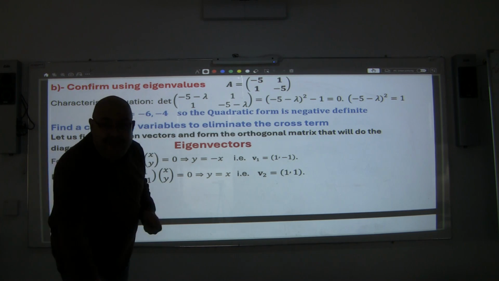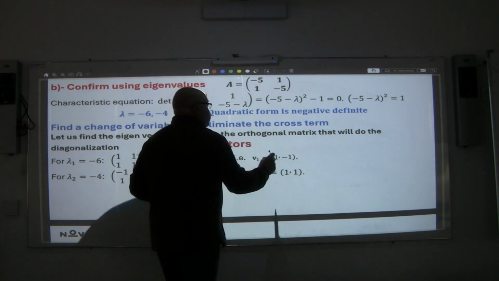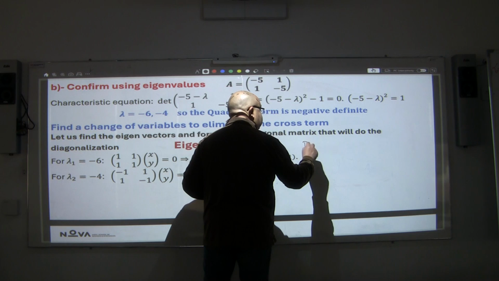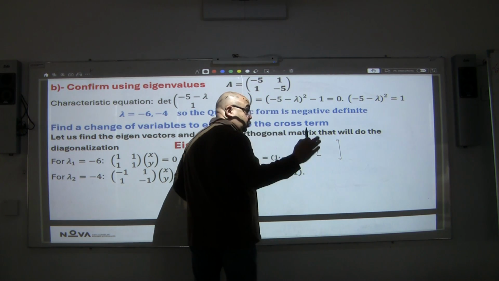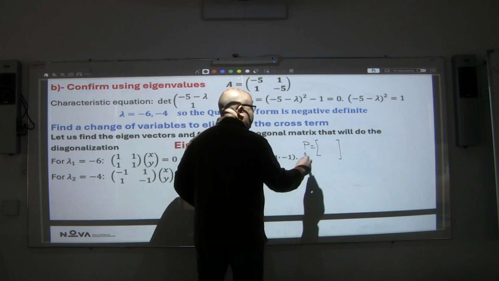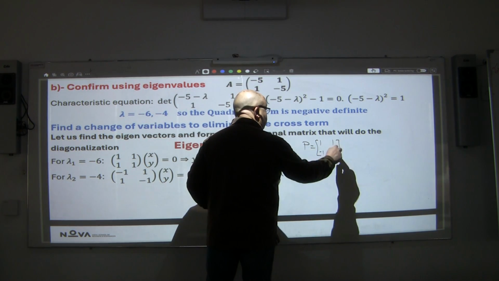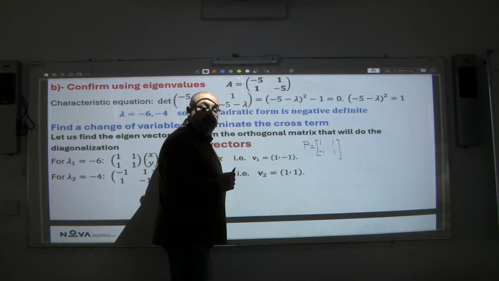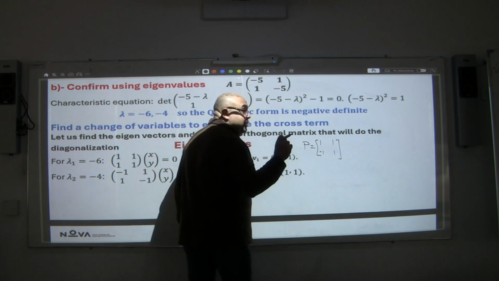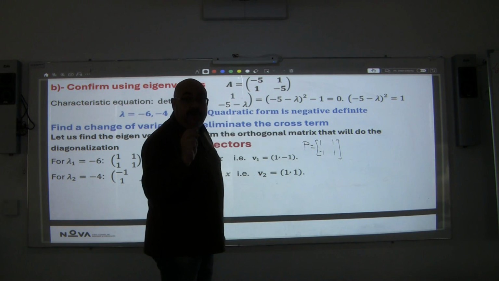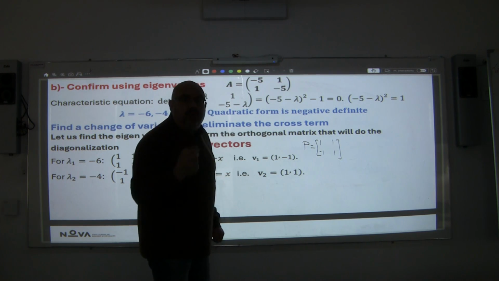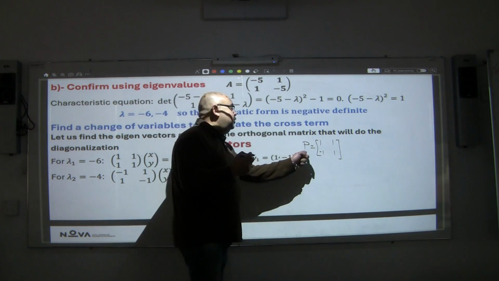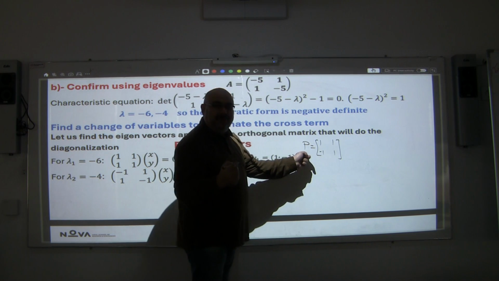Now I can write the B matrix, responsible for the diagonalization as we talked about previously. So it's going to be 1 and -1, and 1 and 1 for the second vector. This is a symmetric matrix, which is going to lead to an orthogonal matrix. So the inverse of this matrix is its transpose.